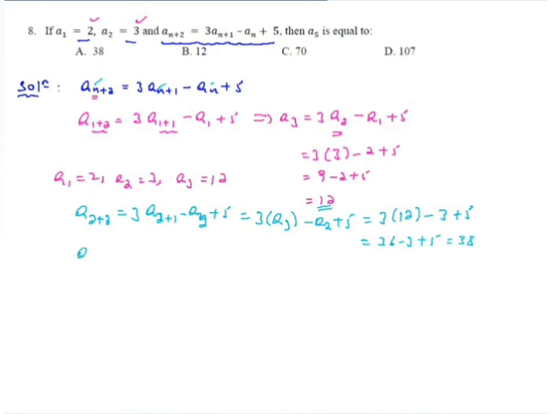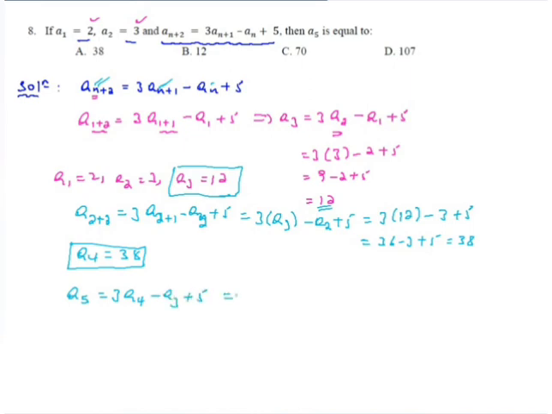Okay, now the fourth term is 38. We take the fourth term and the third term, and then we get the fifth term. The fifth term means whenever you put n equals 3. The fifth term becomes 3 times the fourth term minus the third term plus 5.